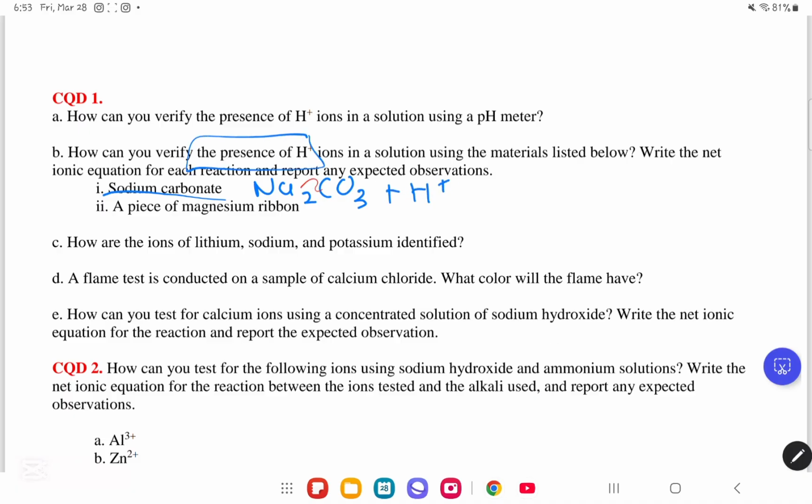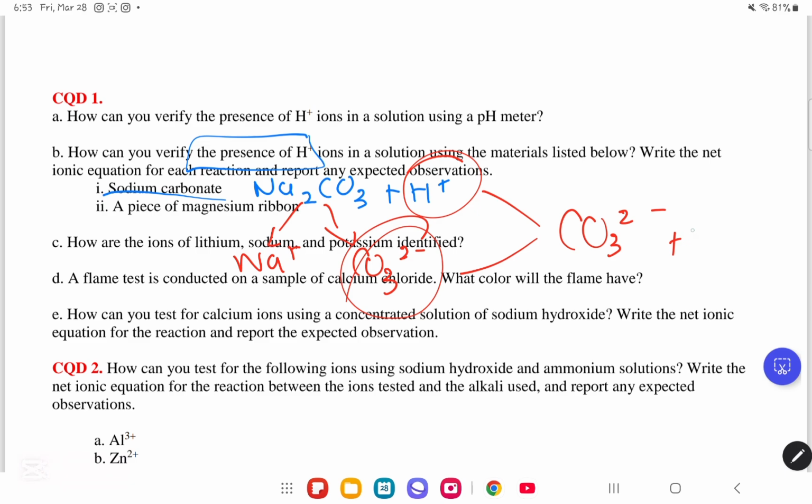First of all, we're going to break this into its ions, so Na plus and CO3 2 minus. The reaction is between CO3 2 minus and 2H plus, because it's not balanced. It will form carbon dioxide gas and H2O liquid.